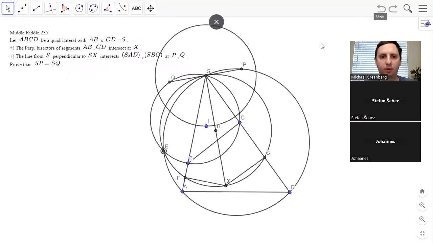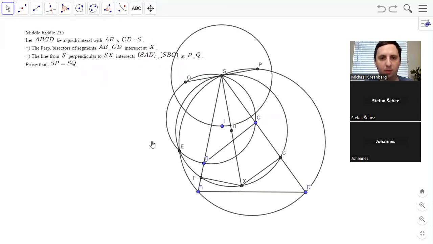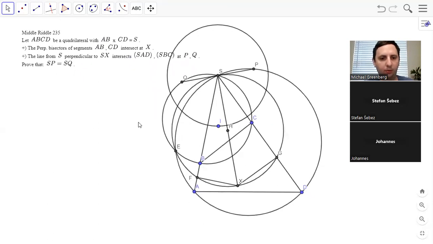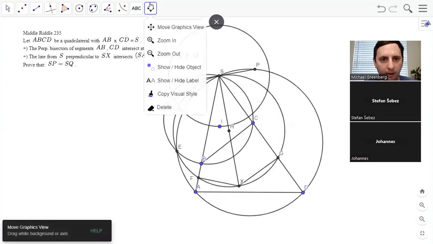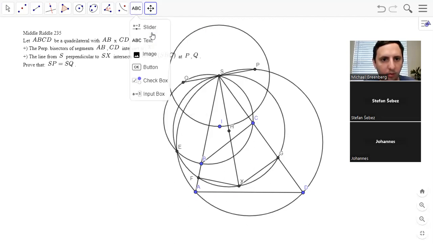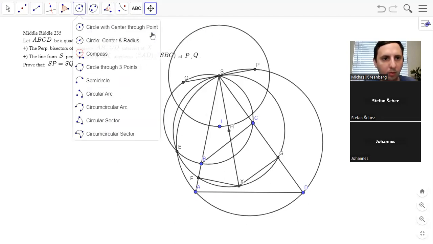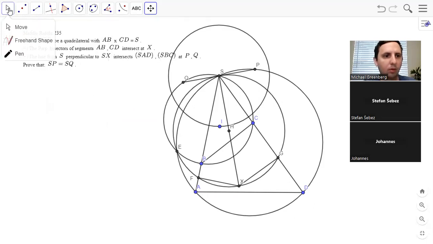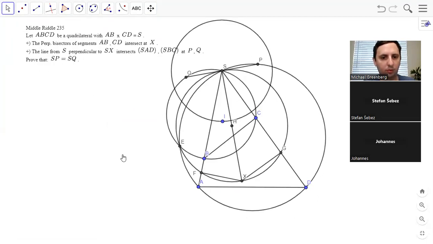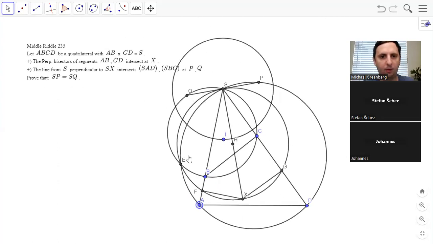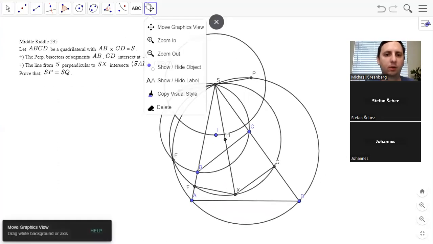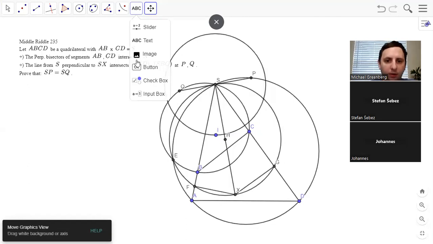I'm having a little trouble. Let me try shift. No. I know I've seen a way to do it in the past. Oh well, for the time being, I'll just invert everything.